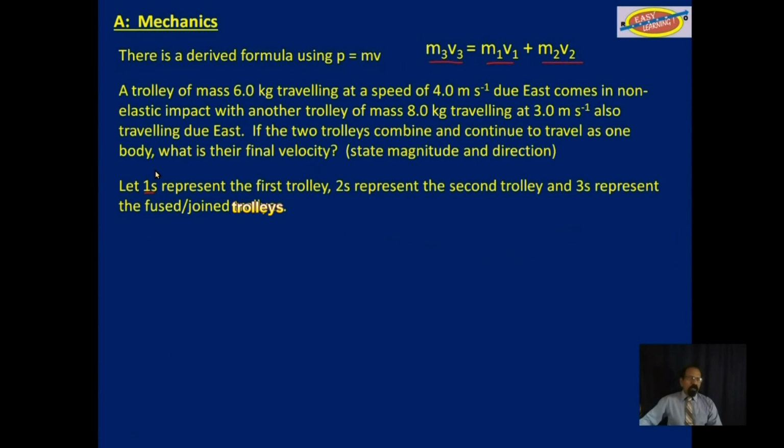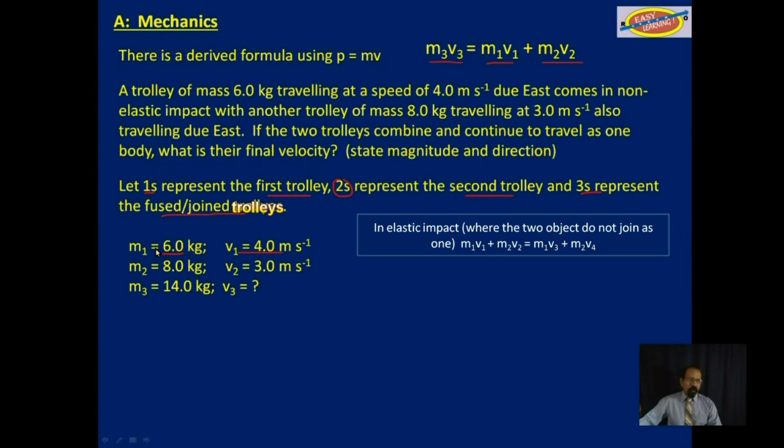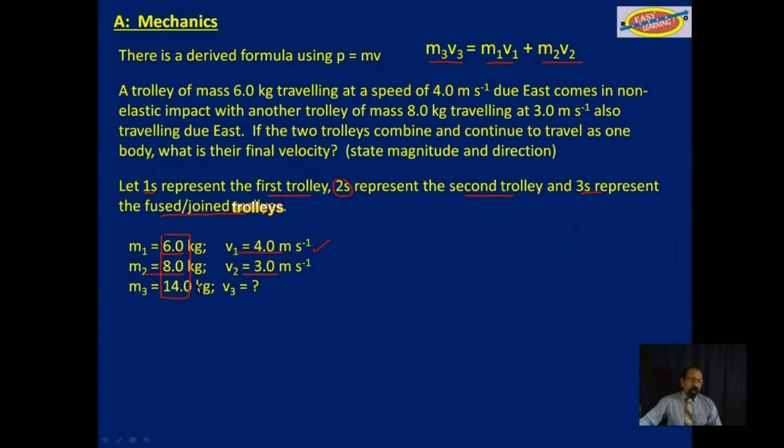If we let the ones represent the first trolley, the twos represent the second trolley, and the threes represent the fused or joined trolleys, then we have m1 and v1, we have m2 and v2, we know those. We have m3, which would be the combined mass, and we want to find v3. So we use this formula that we had up there.